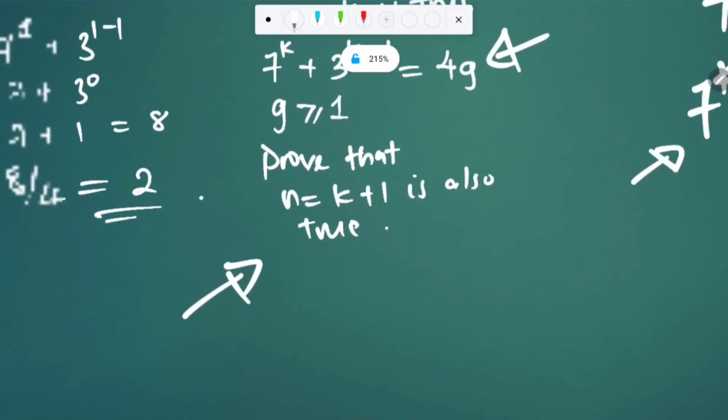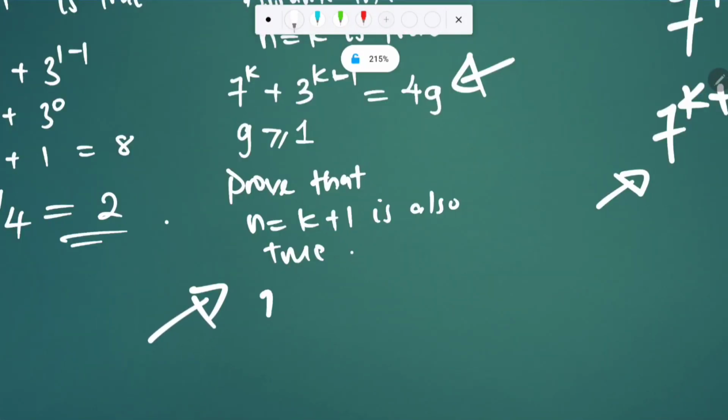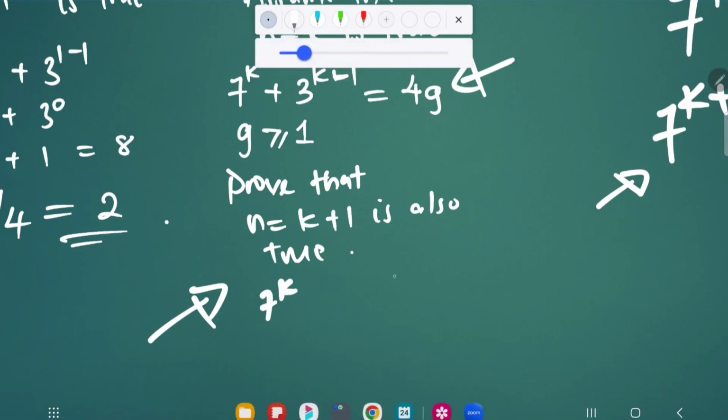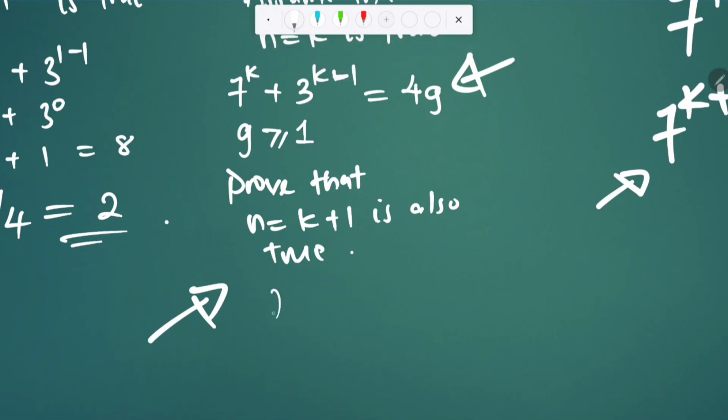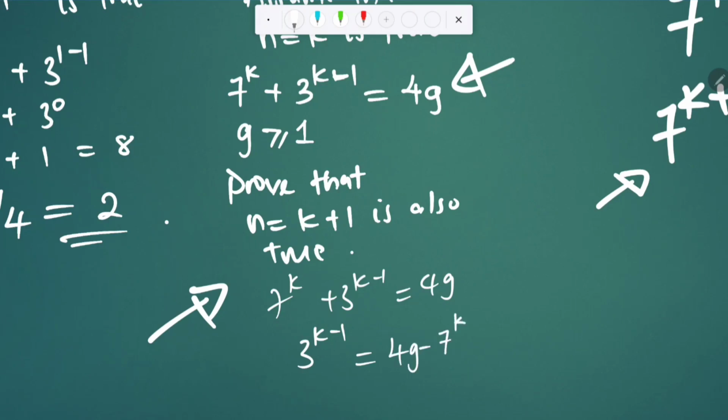So we have 7 to the power k plus 3 to the power k minus 1 equal to 4g. So now I'm just going to take 7 to the power k to the other side of the equation. This would be 3 to the power k minus 1 equal to 4g minus 7 to the power k.